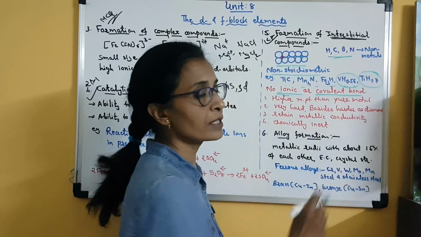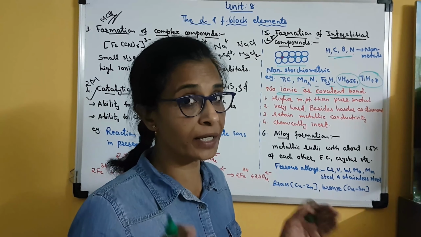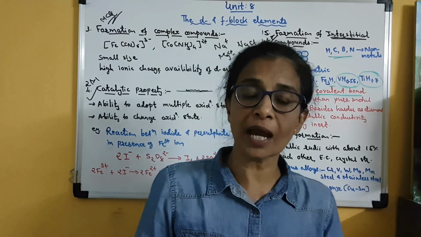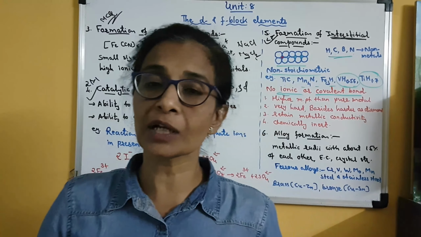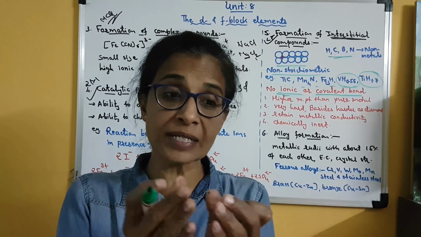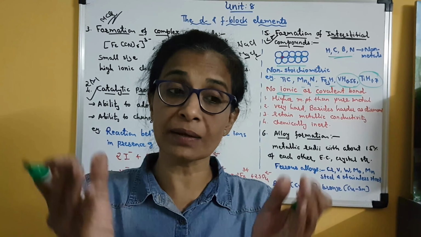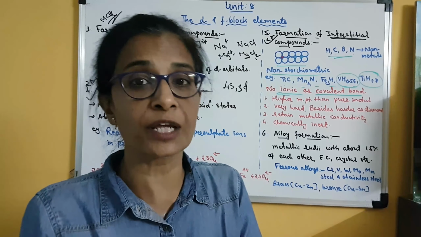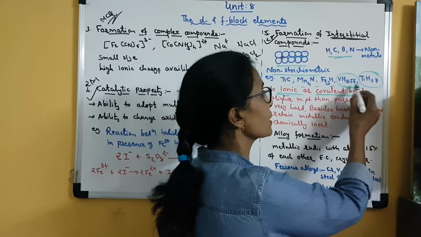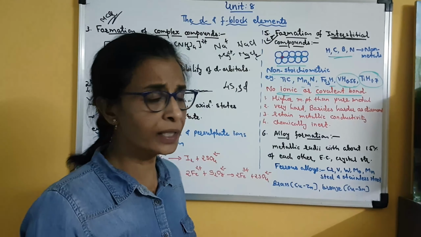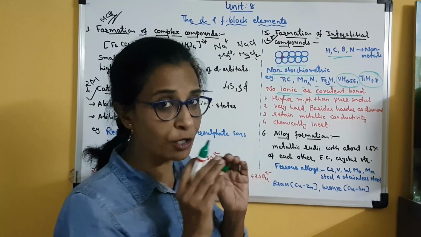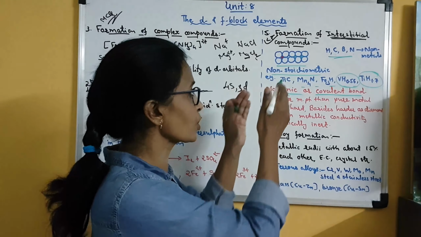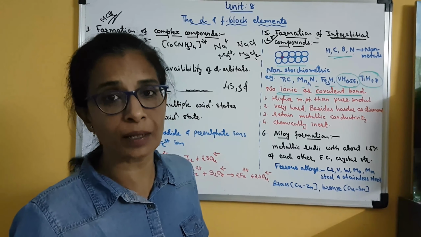It is written in a fraction. Generally we don't write any formula in fraction. Clear? When a compound is formed, we have to follow the laws of chemical combination, in which the elements react with each other in a fixed small whole number ratio, but here it is in fraction. Clear? So these formulas are not true. Clear? This is just to make us understand what is meant by non-stoichiometric compounds.